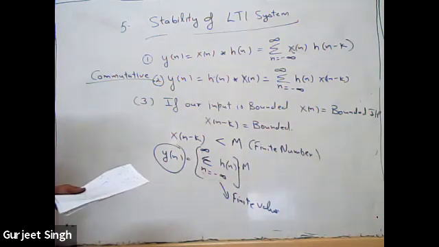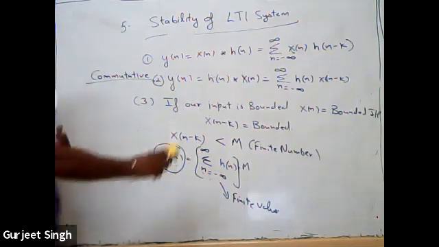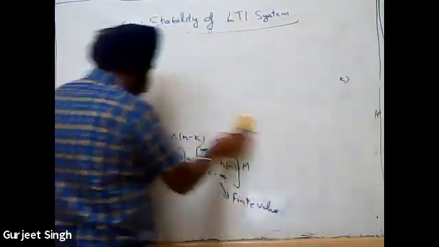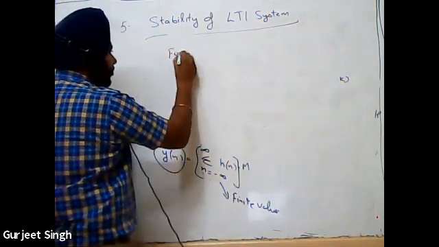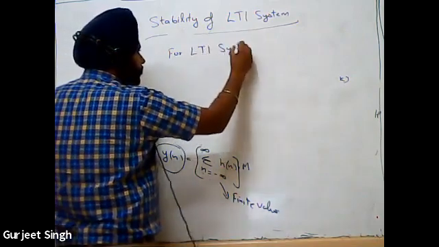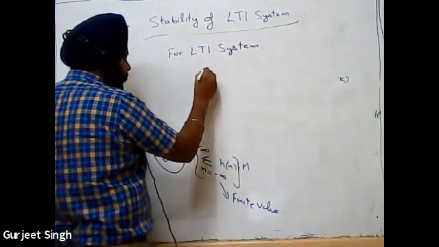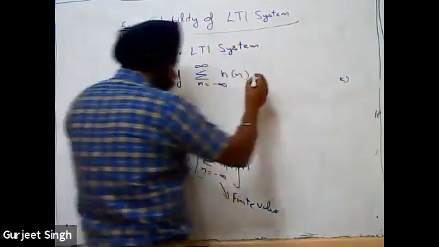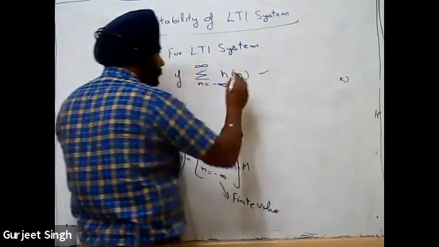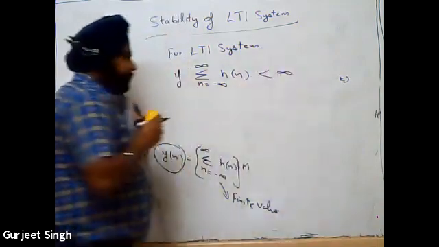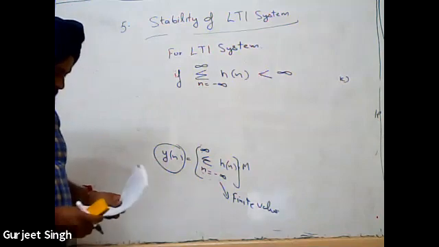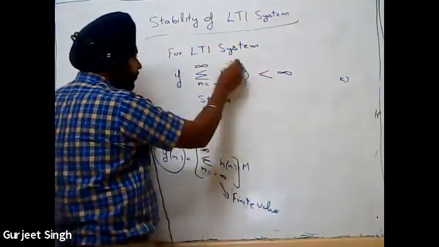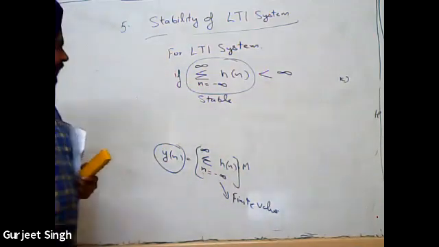For the stability of the LTI system, the summation from minus infinity to infinity of the absolute value of h[n] must be less than infinity, means some finite value. Then my LTI system must be stable.